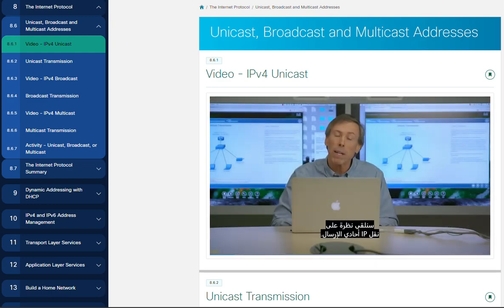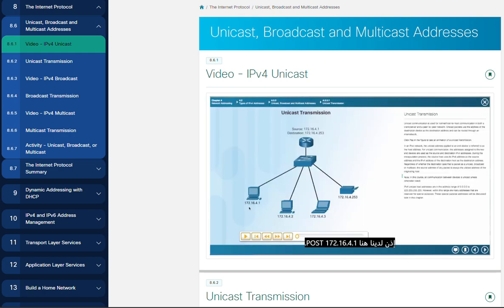In this video, we're going to take a look at unicast IP transmission. So here we have host 172.16.4.1. It's going to send a unicast packet. That's a packet where the destination IP address is destined for a single device. And it's going to send it to the destination IP address of the printer at 172.16.4.253.